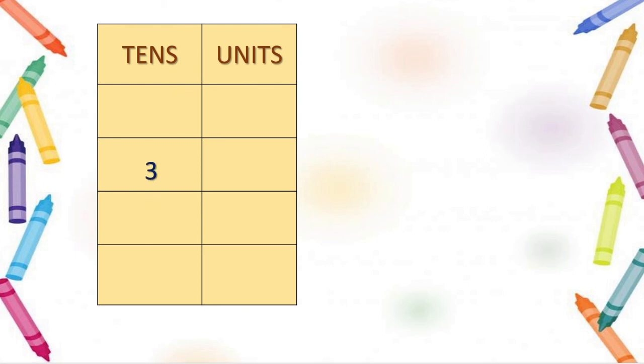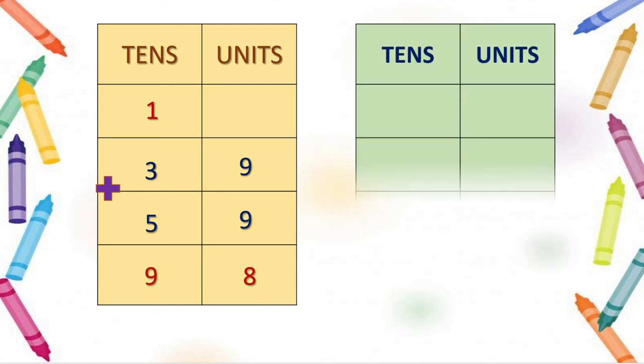Okay? See here one more. 3 tens 9 units plus 5 tens 9 units. Here 9 plus 9. How much? Yes? 18. Very nice. Let us write 8 here. And 1 is carried over to the tens place. And here 1 plus 3 plus 5. Yeah. 9. Very good. Our answer is 98.